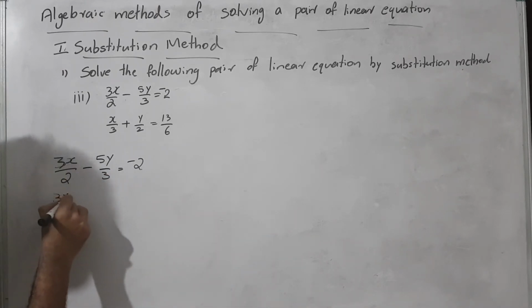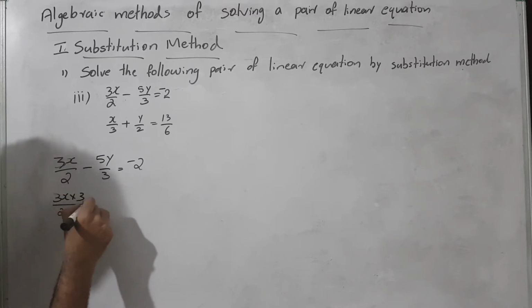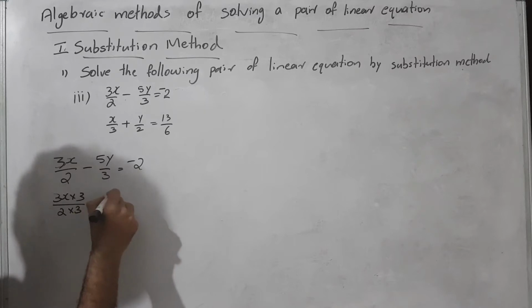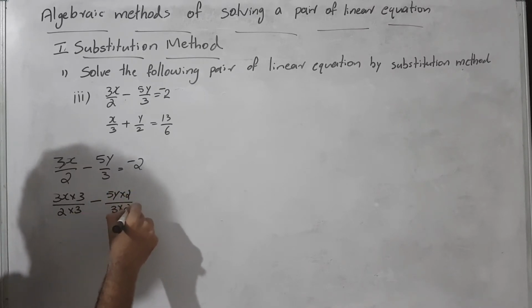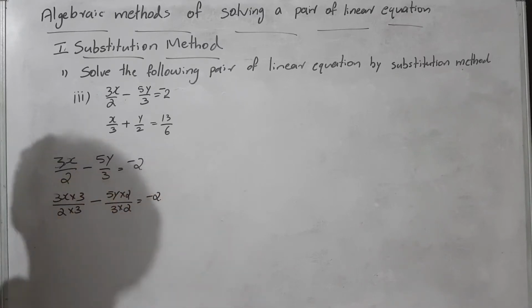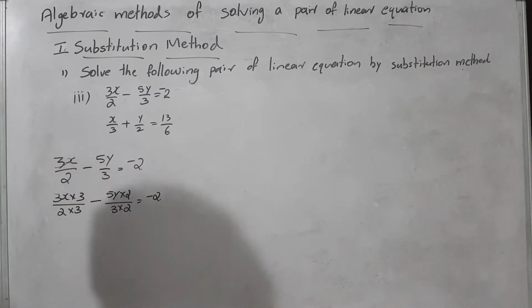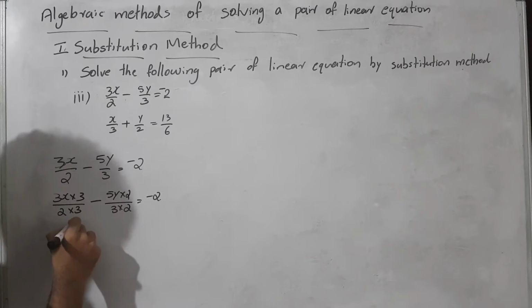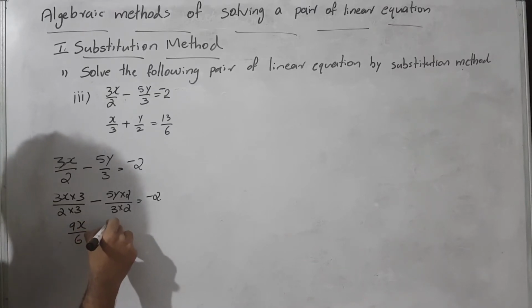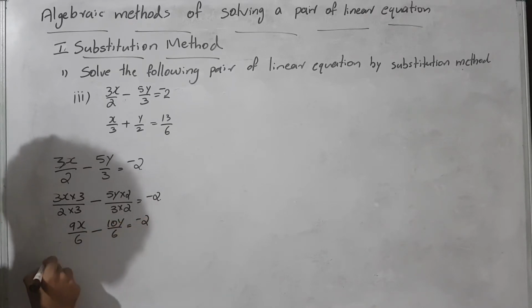3x into 3 by 2 into 3 minus 5y into 2 by 3 into 2 is equal to minus 2. Correct? 3x into 3 is equal to 9x by 6 minus 10y by 6 is equal to minus 2.